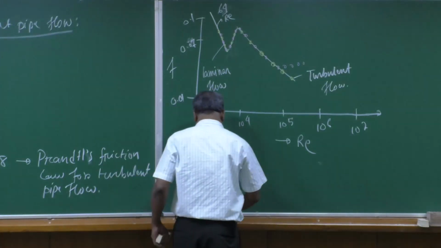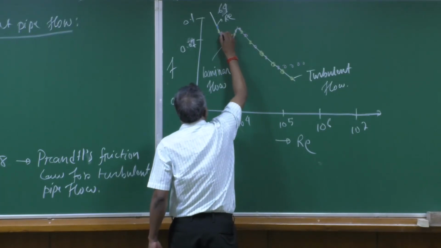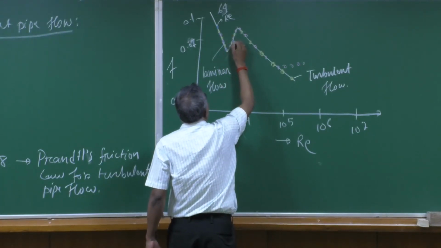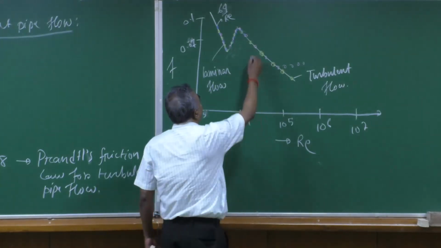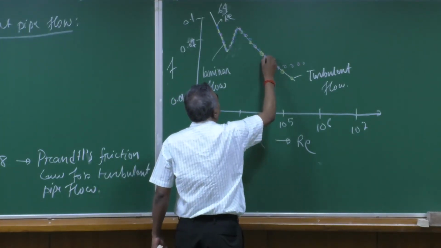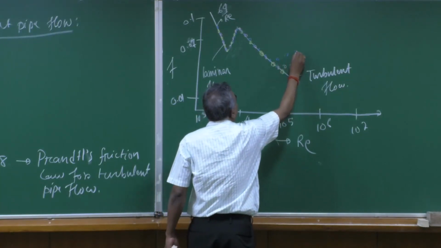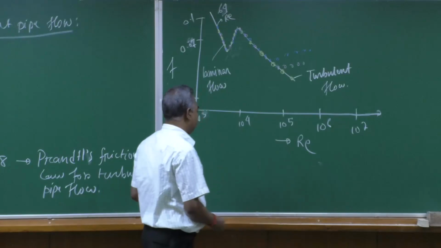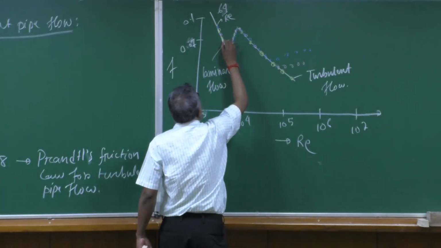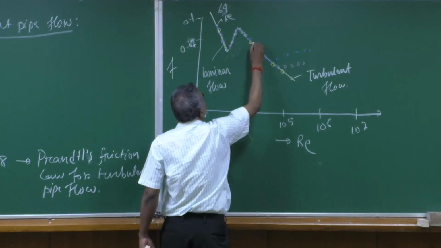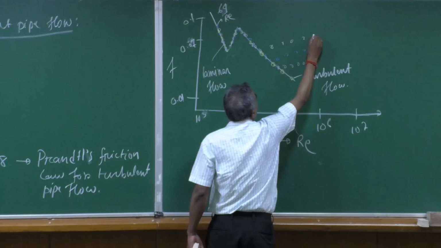Okay. So, if you increase to an even larger roughness size, once again your laminar and transitional regime will not be affected at all, whereas with increasing the roughness height or roughness diameter, your data is going to come like this. Okay. Even further, if you increase the height, it will come something like this.